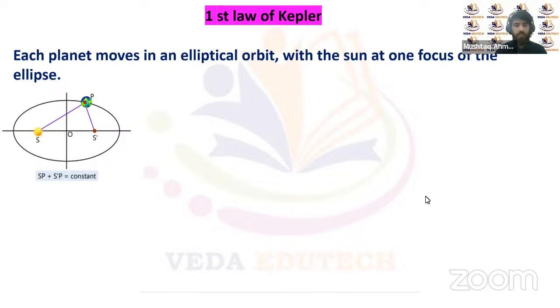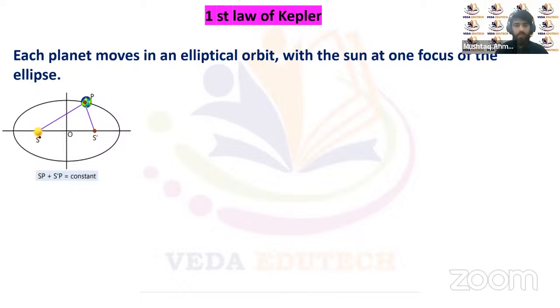You know that there is a characteristic property of an ellipse: the sum of the distances of a point on the ellipse from the two foci is always a constant. You can see here, this is the point P where the planet is revolving around the sun in an elliptical orbit.